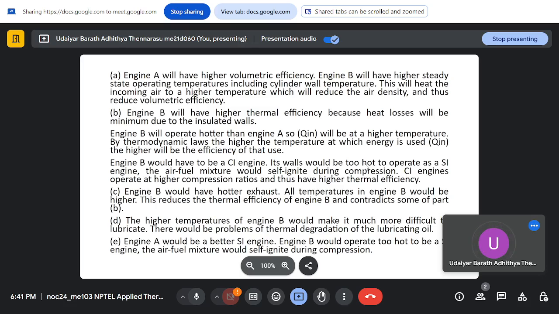So what will happen is engine A will have higher volumetric efficiency compared to engine B, because engine B will have higher steady state operating temperature including cylinder wall temperature. This will heat the incoming air to a higher temperature, which will reduce the air density and thus reduce volumetric efficiency.